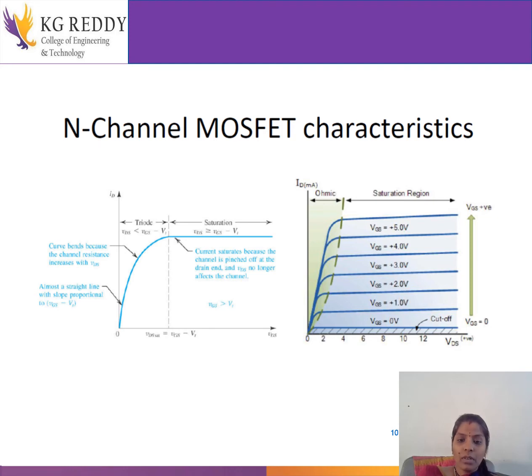As I start increasing the voltage, my current is also increasing. This is just an example. Let me draw somewhere here.